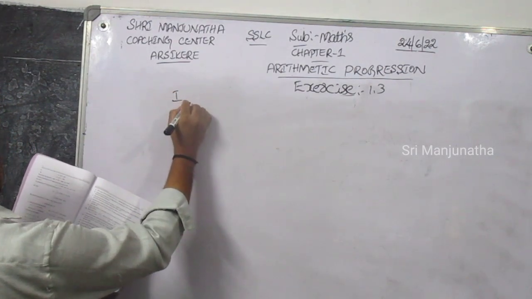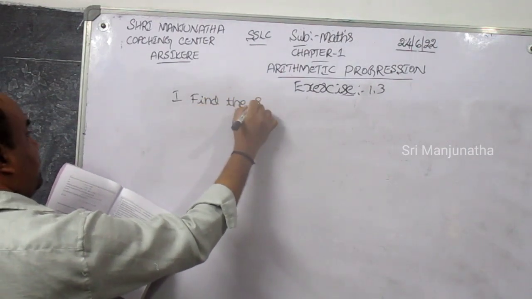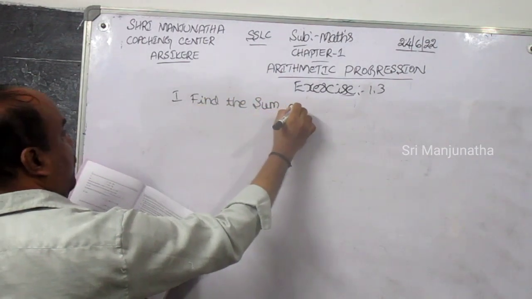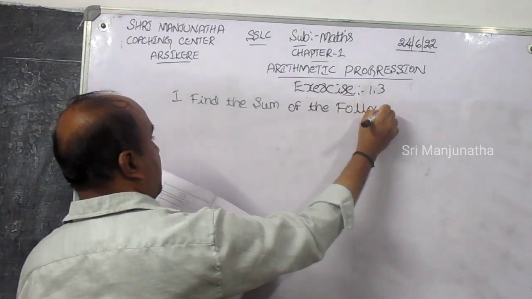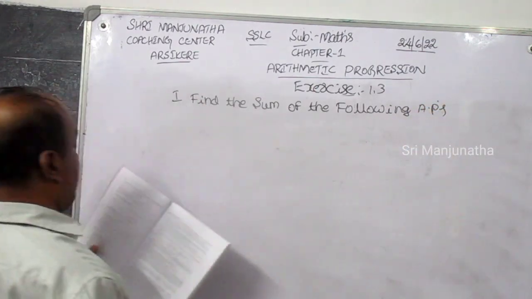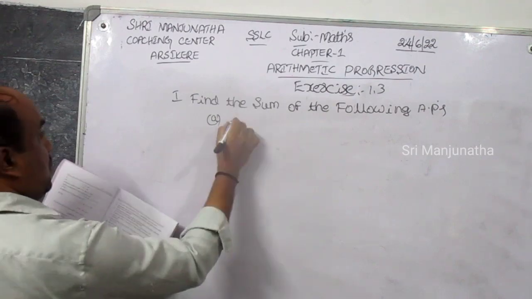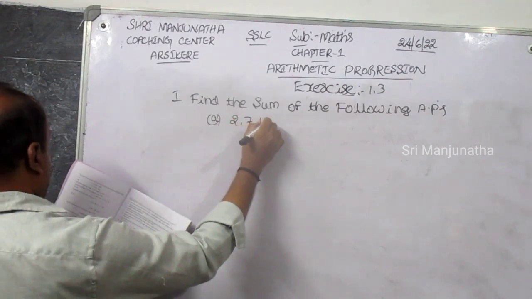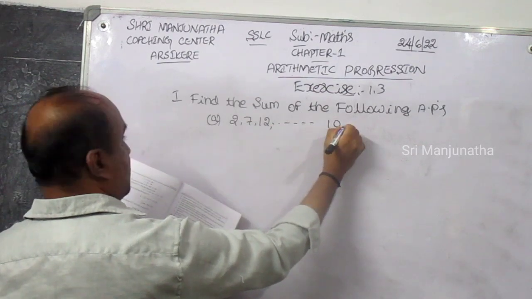The first one, find the sum of the following APs. Okay, the first one, the A part. What is the problem here? 2, 7, 12, to 10 terms.